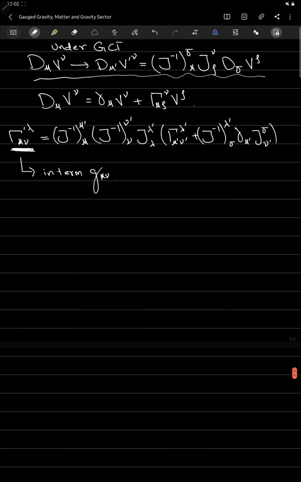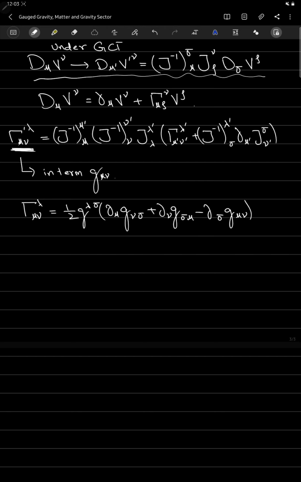And we can do that in this way: if I use the above equations, I can write this Christoffel connection as 1/2 g^{λσ}(∂_μ g_{νσ} + ∂_ν g_{σμ} − ∂_σ g_{μν}), right?